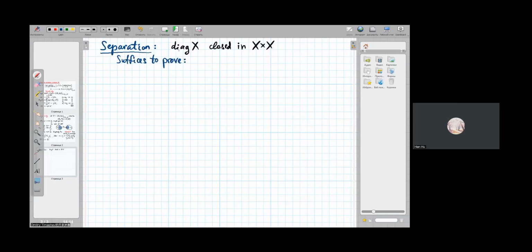that the intersection of this diagonal with each of these open subsets Xi cross Xj is closed in this open subset.